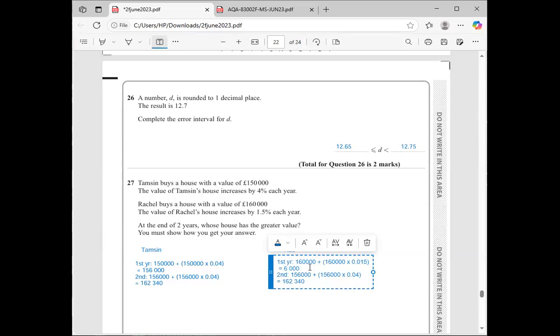Okay, so what would you get for the bracket side before we add it to 160,000? 2,400. Okay. So when you add 160,000, that's going to be 162,400, isn't it? Yes. Okay.